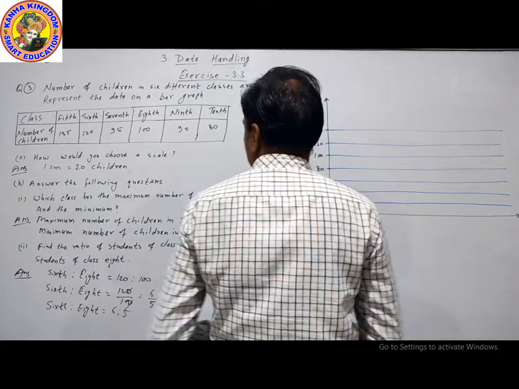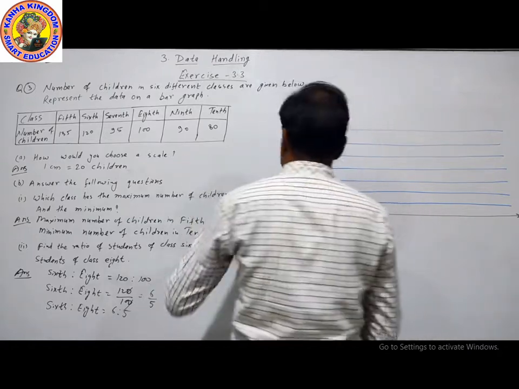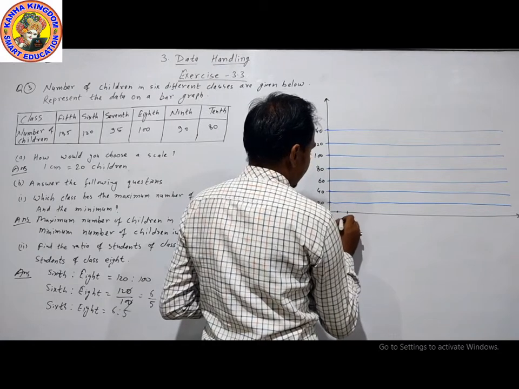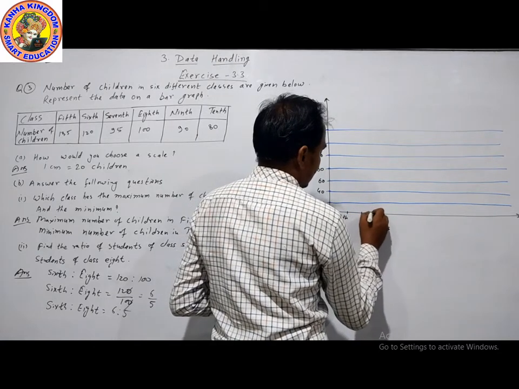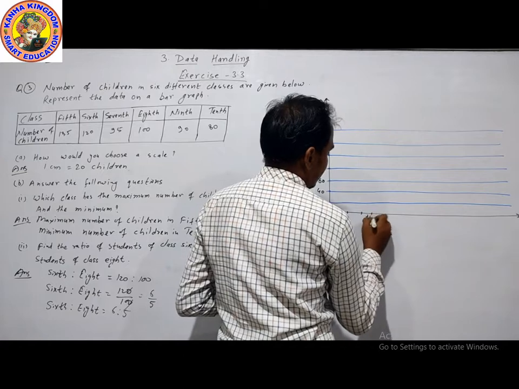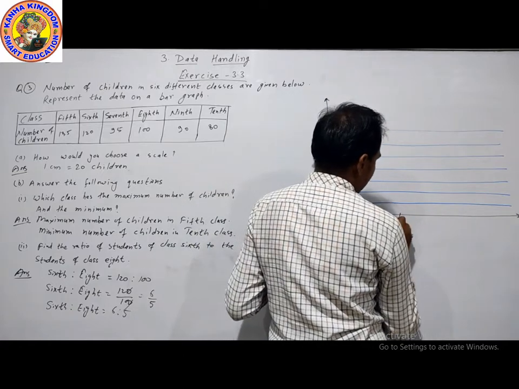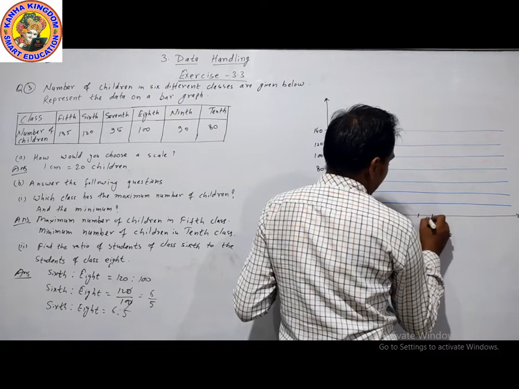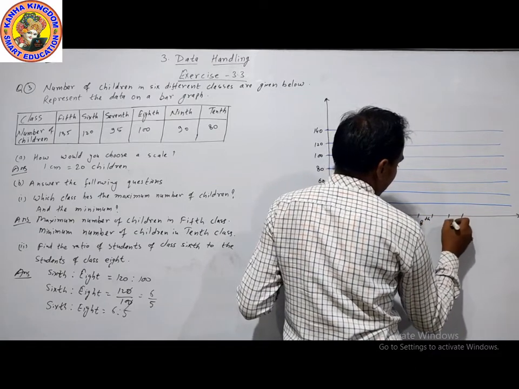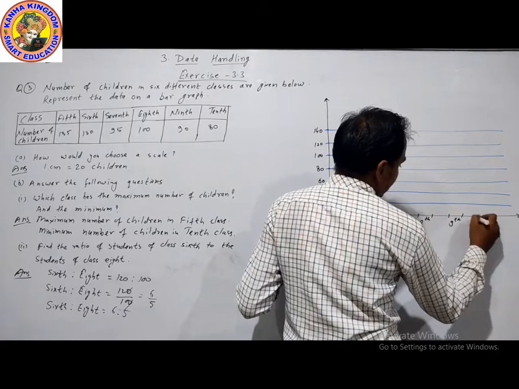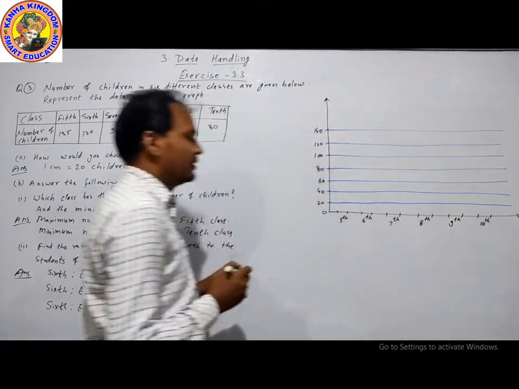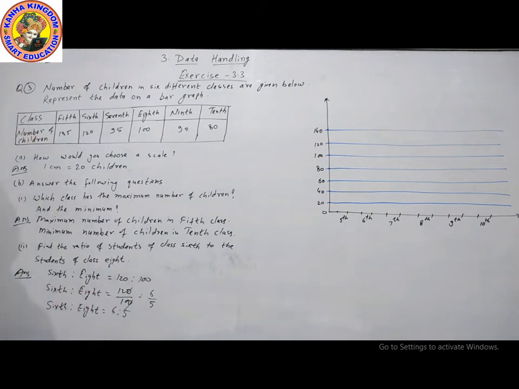Now there are classes. First of all we denote 5th, then 6th, 7th, 8th, 9th and 10th. These are the classes.